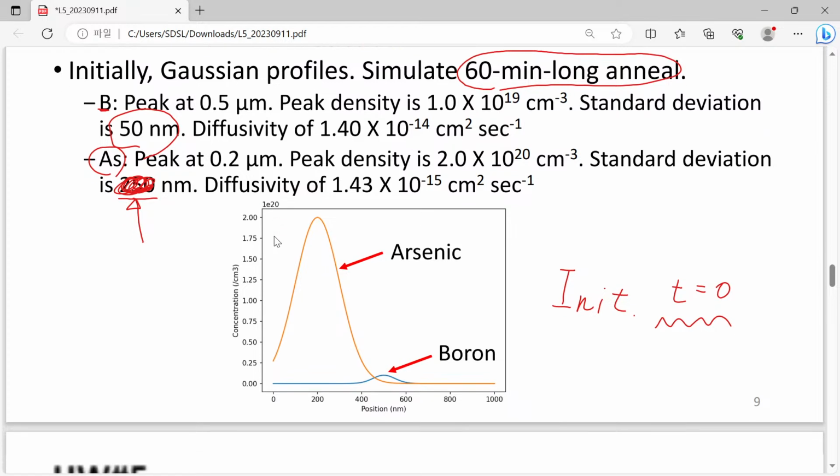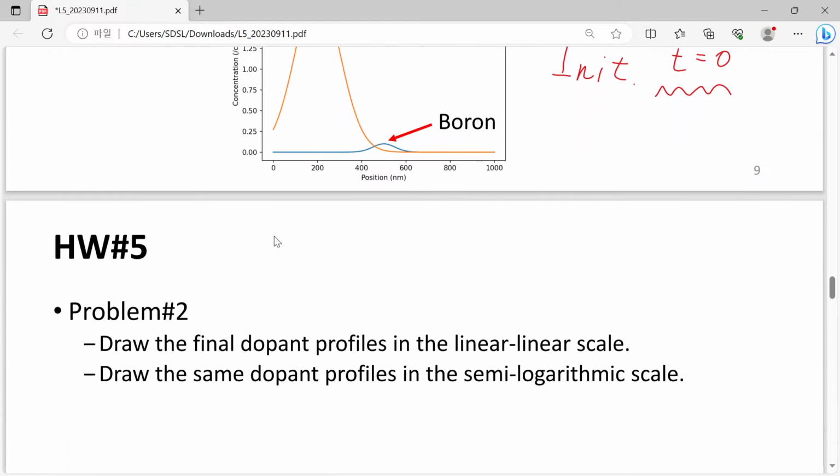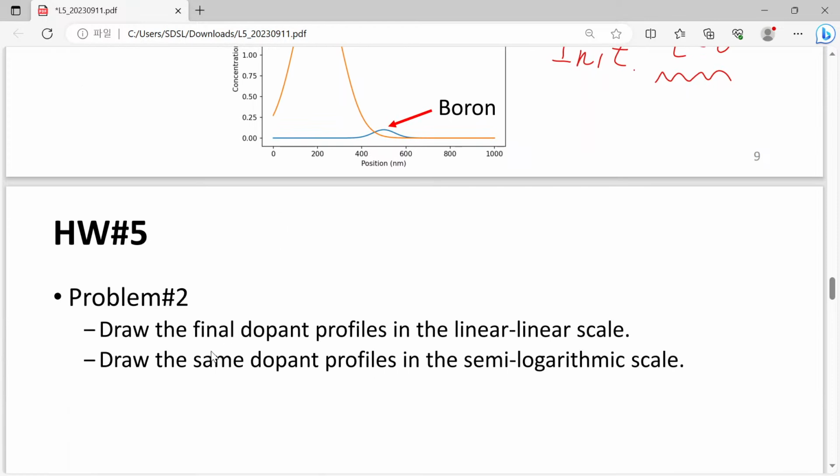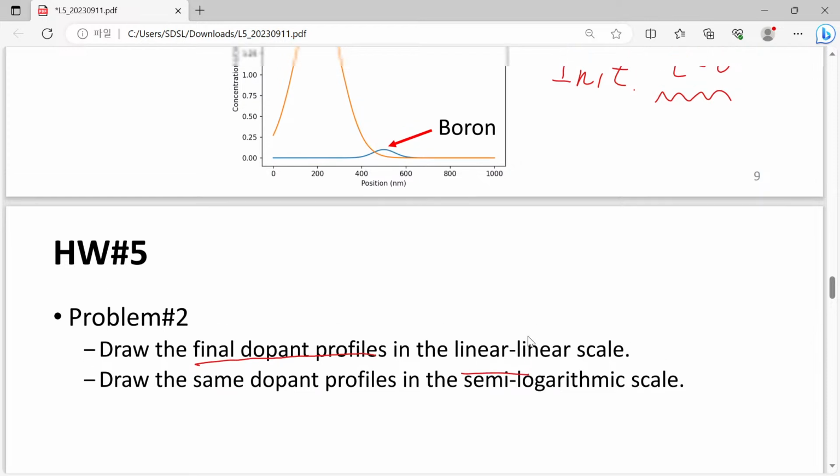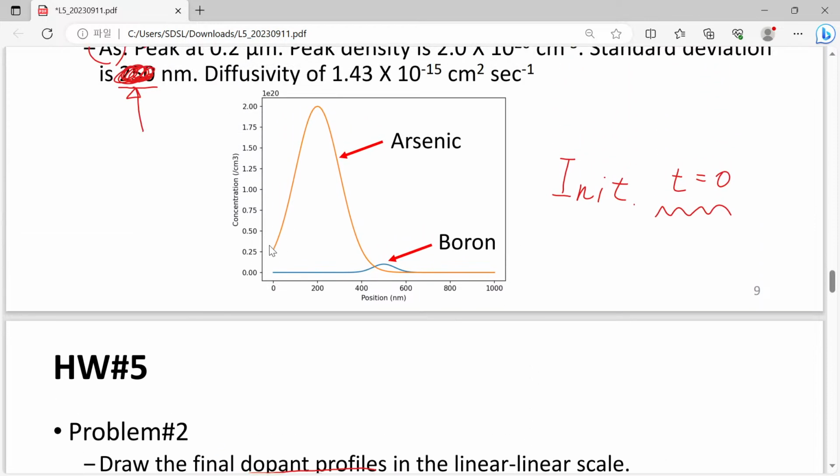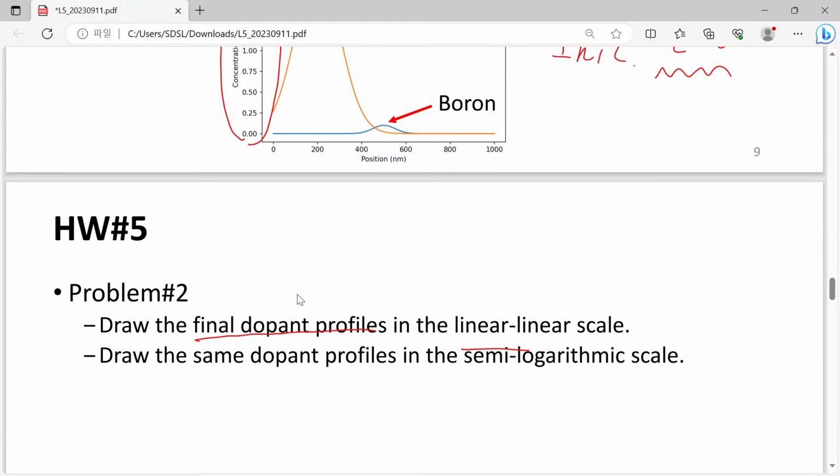Then you have the second homework. Draw the final dopant profiles in the linear scale. What's the linear scale? Both x and y are written in linear scale. That is my linear scale. And please draw the same dopant profile in the semi-logarithmic scale.